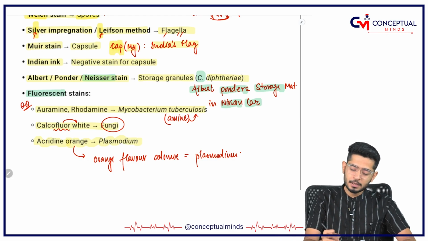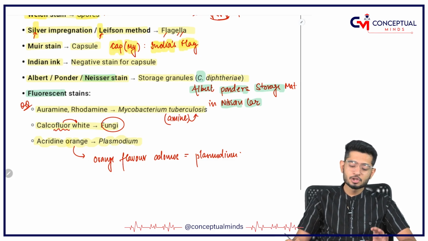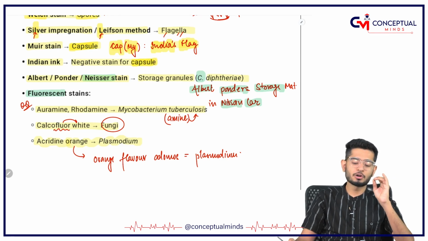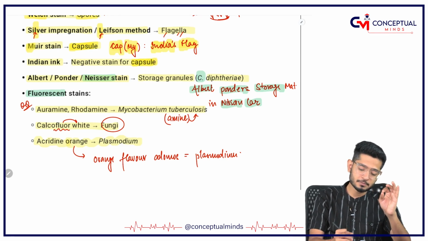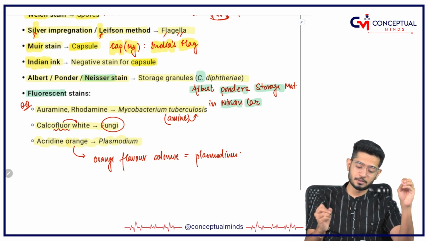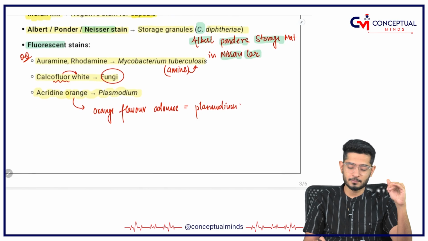So my cap, India's flag. So what I am trying to tell, cap means capsule. So in order to stain capsule, you have got my, that means Muir stain, and India's flag, that means Indian ink. So Indian ink and Muir stain, both of them are there.